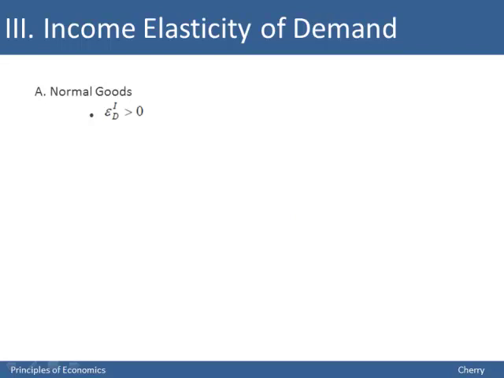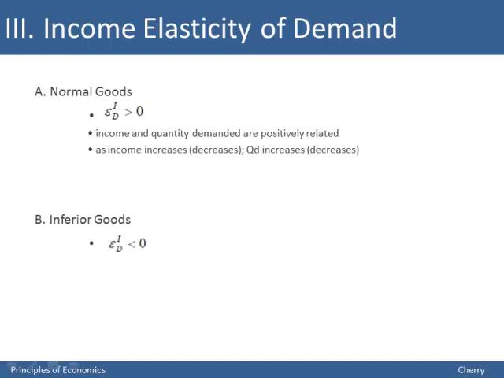What the income elasticity does is allow us to differentiate between normal goods and inferior goods. We talked about that before when we were going through the determinants of demand, and we introduced the concept of normal versus inferior goods. Now we can quantify it. Normal goods are those goods with an income elasticity of demand greater than 0. Income and quantity demanded are positively related. So the more income you have, the more quantity demanded.